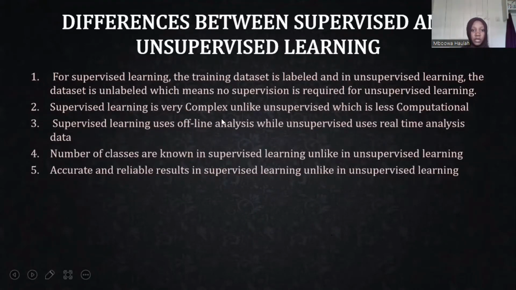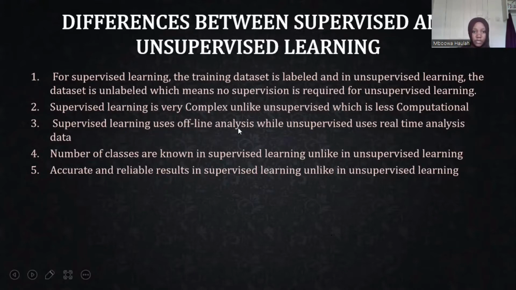For supervised learning, the training dataset is labeled, unlike the unsupervised. And supervised learning is very complex, unlike the unsupervised, which is less computational, because supervised learning has a lot of computation, making it very hard.